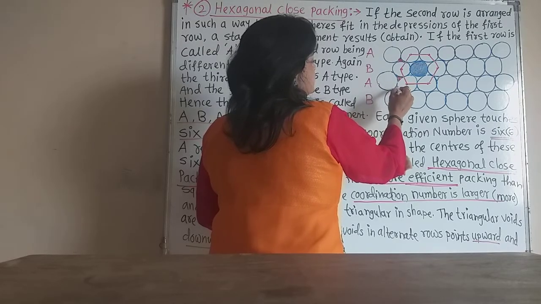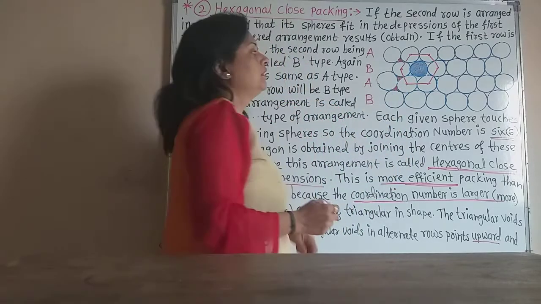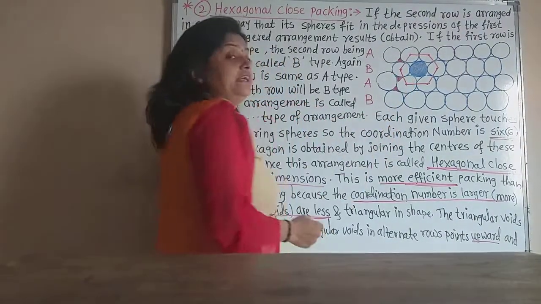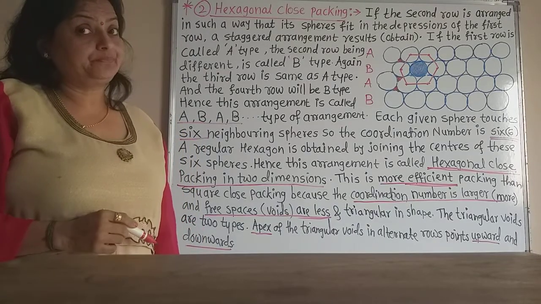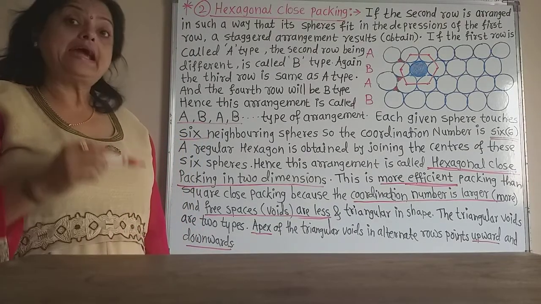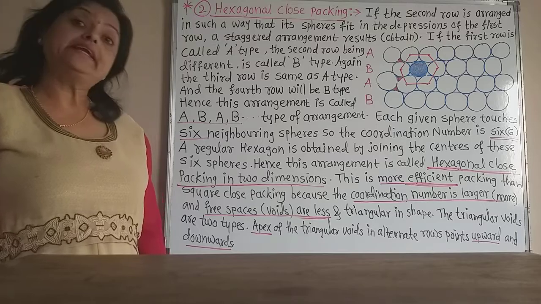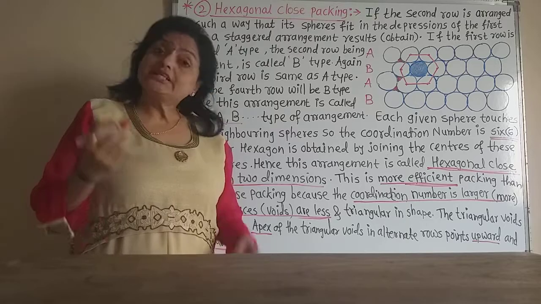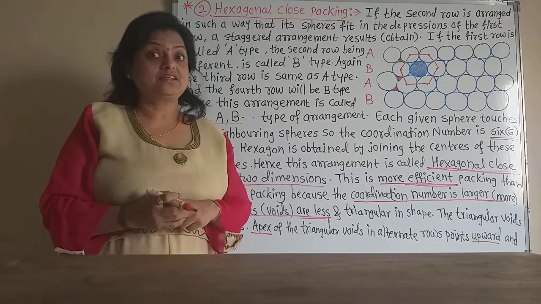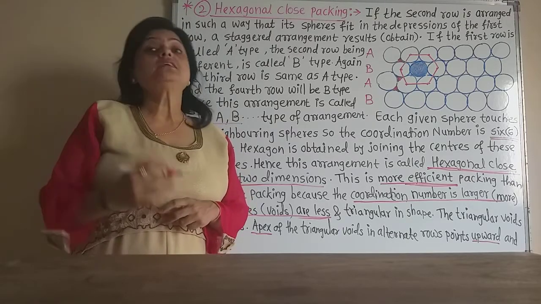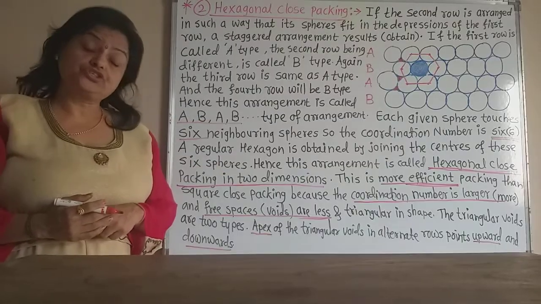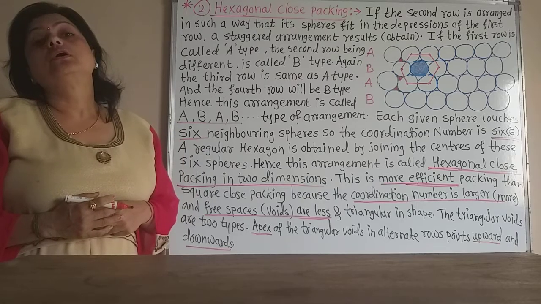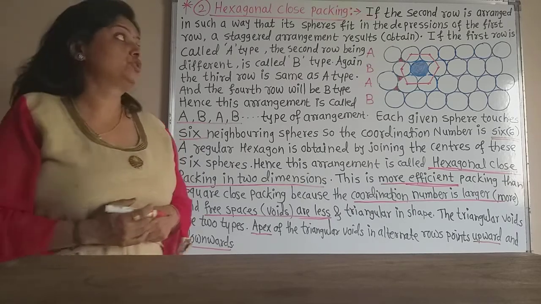Now the shape of the free spaces in this hexagonal close packing is triangular, and in square close packing the shape of the voids is square. So the spaces are also less than in the square close packing structure, and therefore this is more efficient packing, that is the hexagonal close packing.